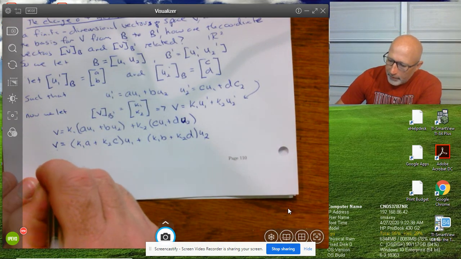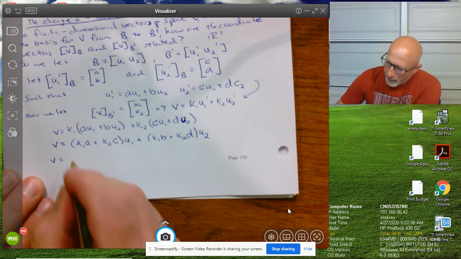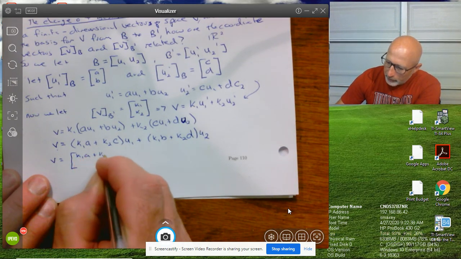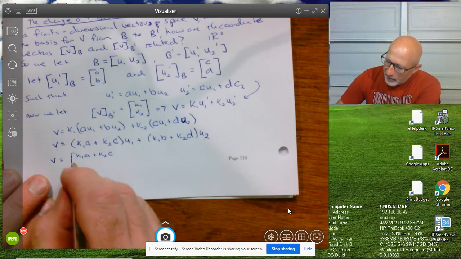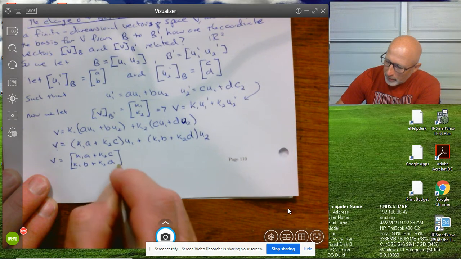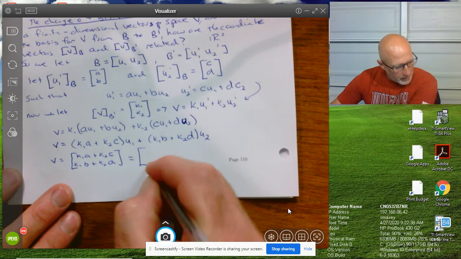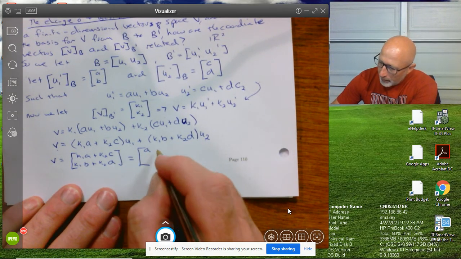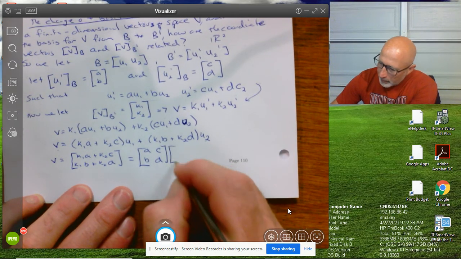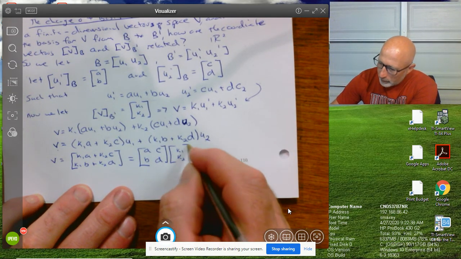So V is equal to K1A plus K2C, and then K1B plus K2D, which I can rewrite using matrix multiplication as the matrix A, C, B, D times K1, K2.